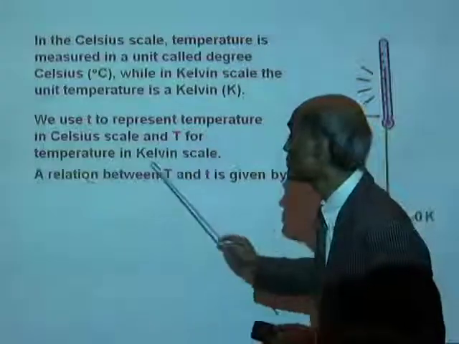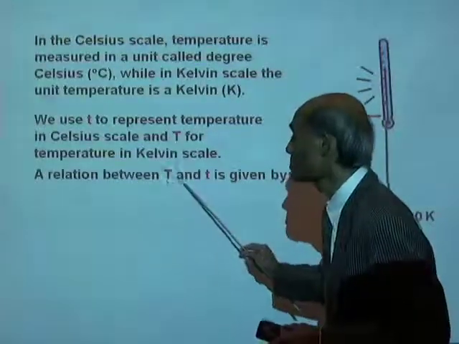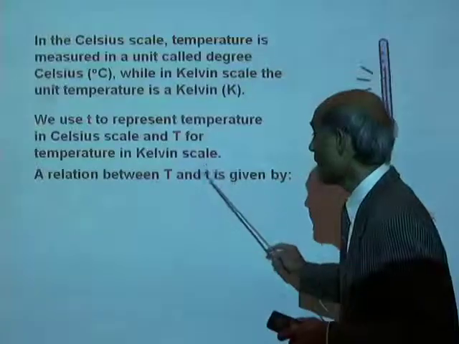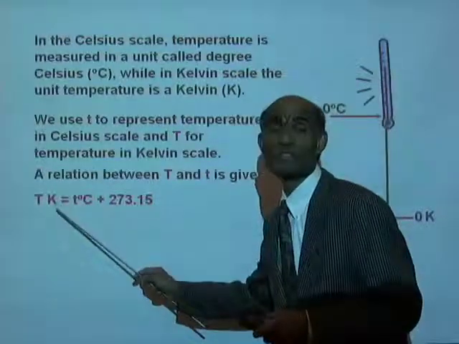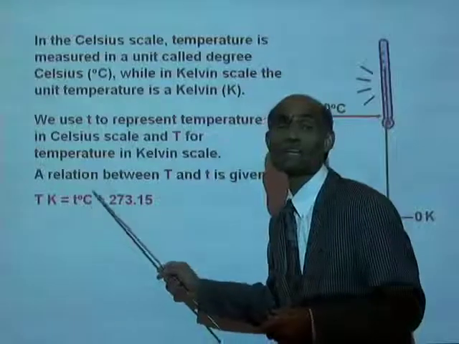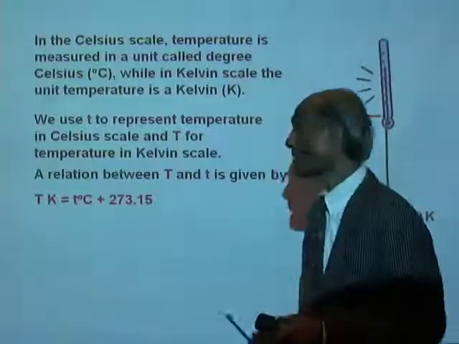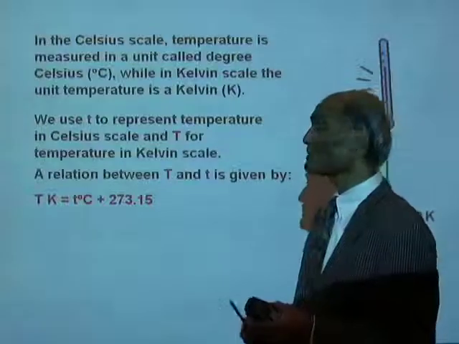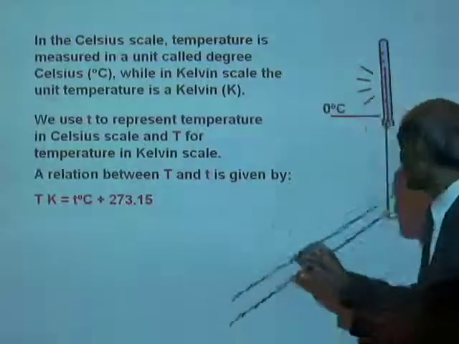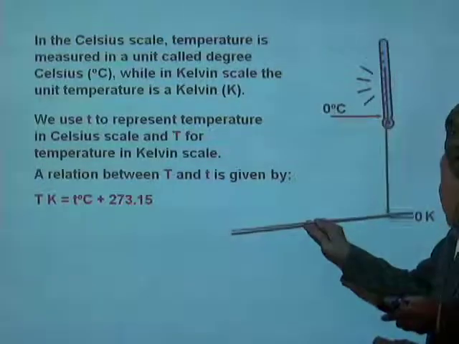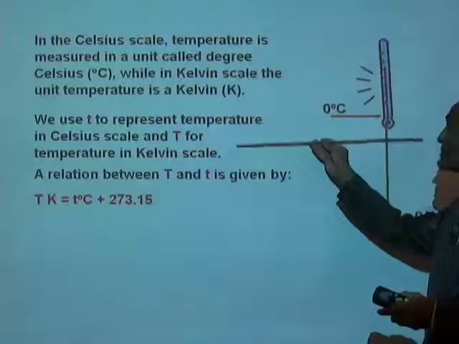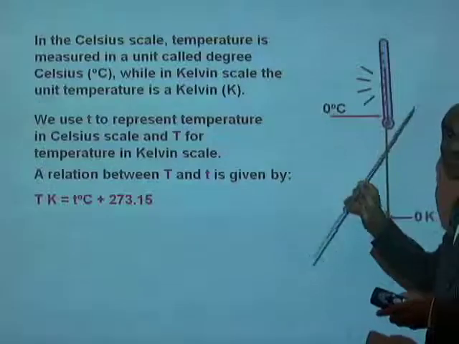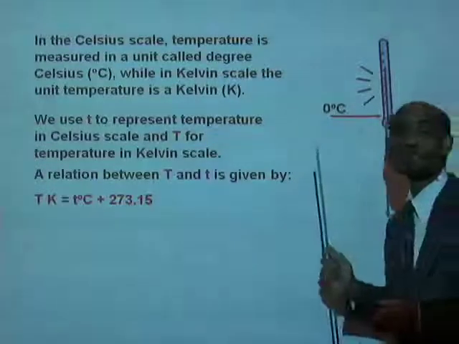The relation between temperature in Kelvin and temperature in degrees Celsius is this: T Kelvin is t degrees Celsius plus 273.15. That means from 0 Kelvin, you have to increase the temperature by 273 to reach 0 degrees Celsius.